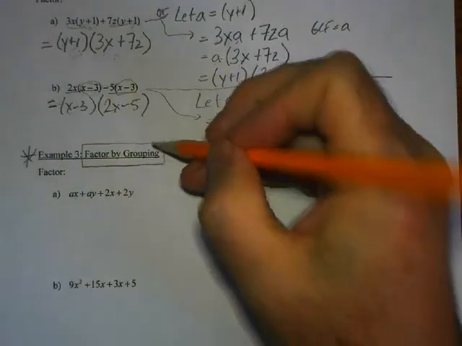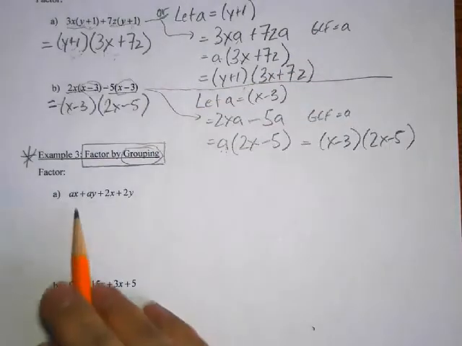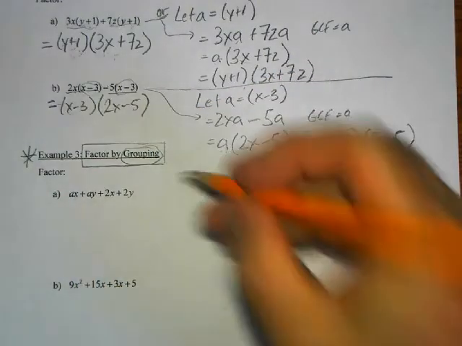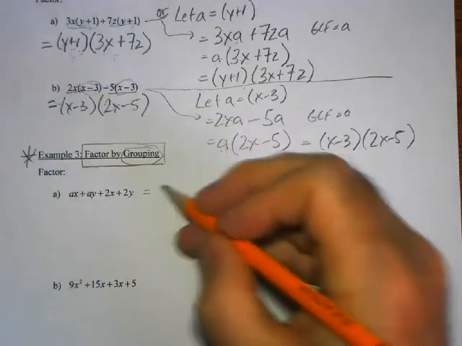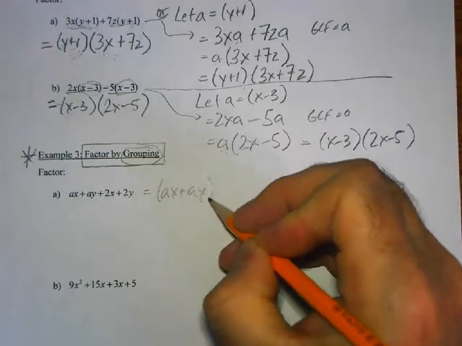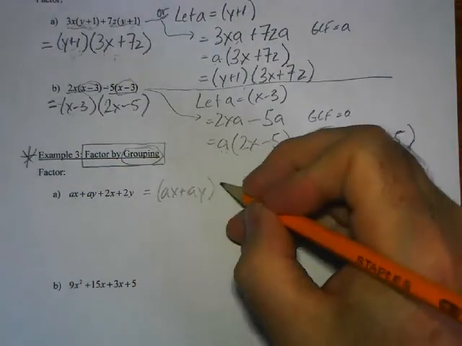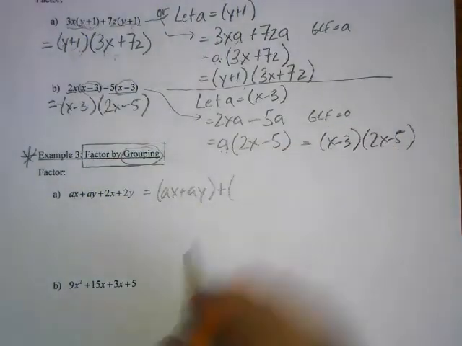So what we're going to do here is we're going to group. We're going to take the first two terms, put them in some brackets. So I have AX plus AY, put in brackets, and then whatever sign is in front of that third term goes between the two sets of brackets.